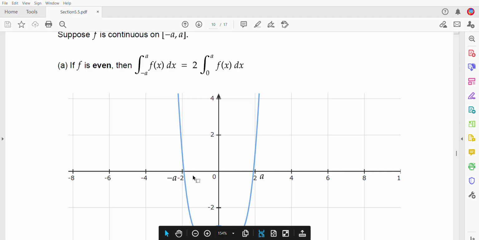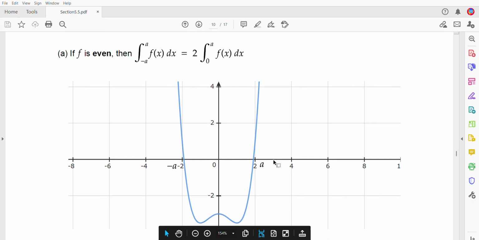So the definite integral negative a to a of f of x dx is twice the definite integral 0 to a of f of x dx. This happens if f is even, because the graph of an even function is symmetric about the y-axis.